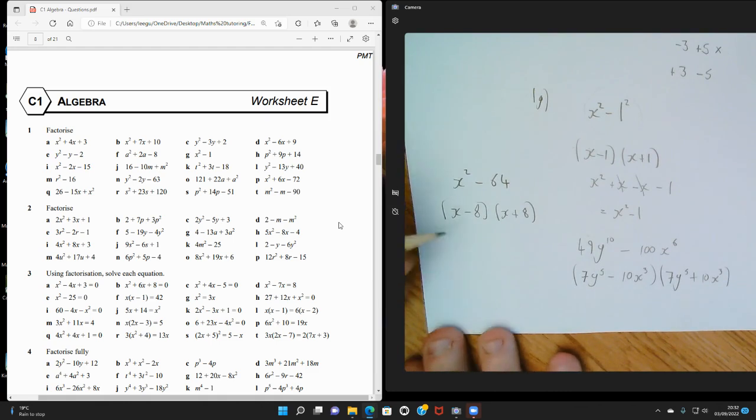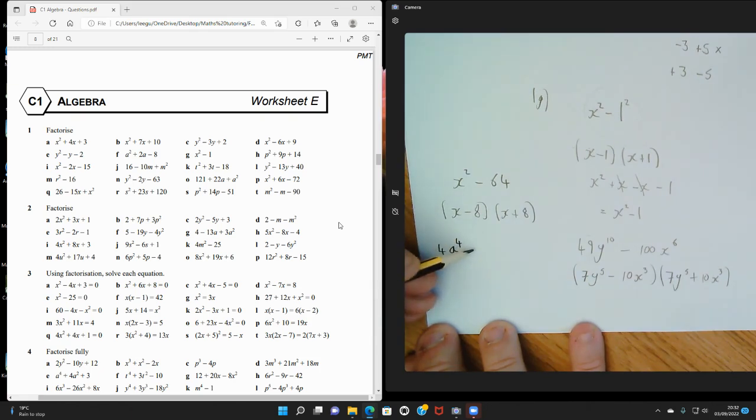Let's imagine I had this time 4a to the power of 4 minus 9b to the power of 8.